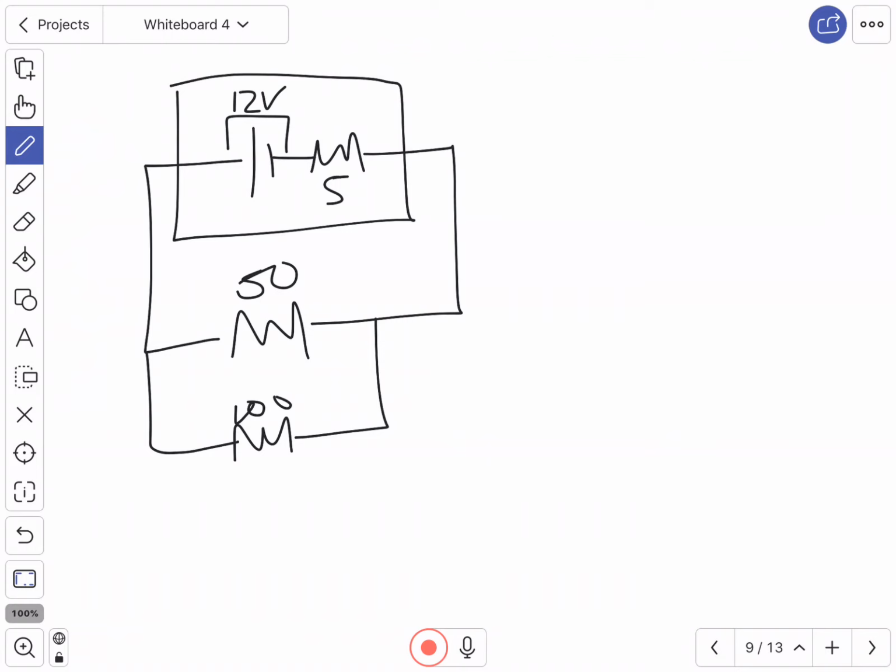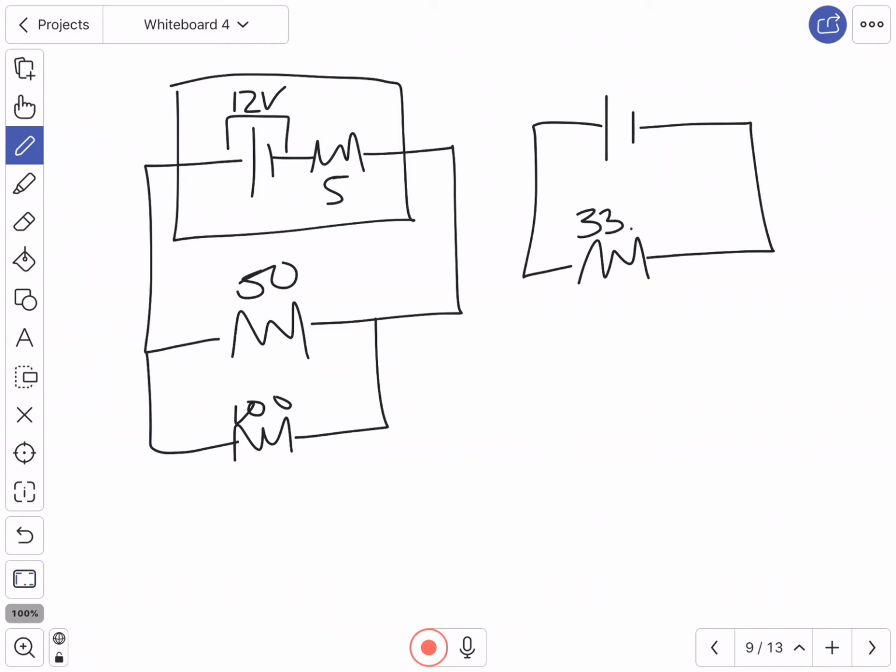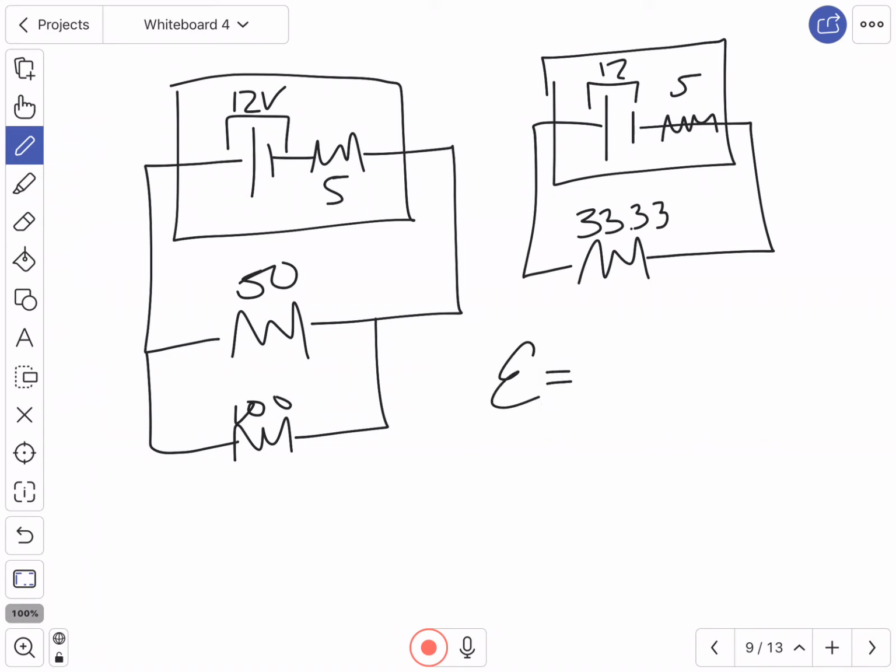So I'm going to simplify this circuit now by combining my parallel resistors. I'm going to find that this resistor here is 33.33 ohms. I still have my internal resistance of 5 ohms there. This is 12. And now, because it's just a simple circuit, I can use my equation, IR plus Ir.